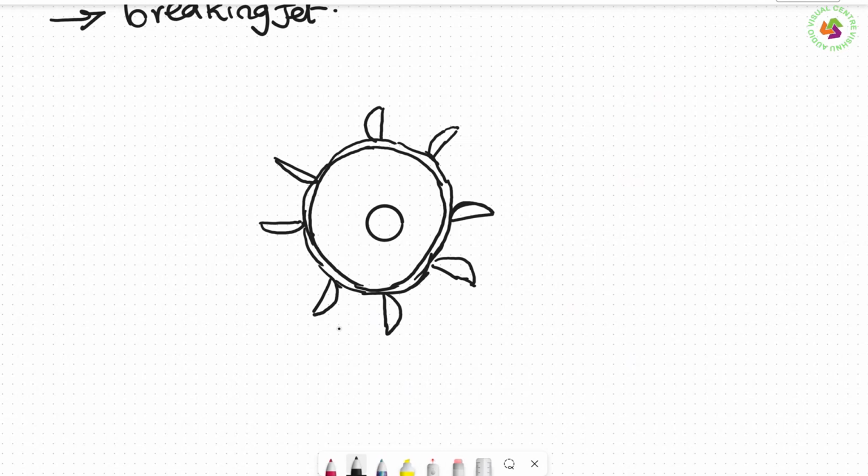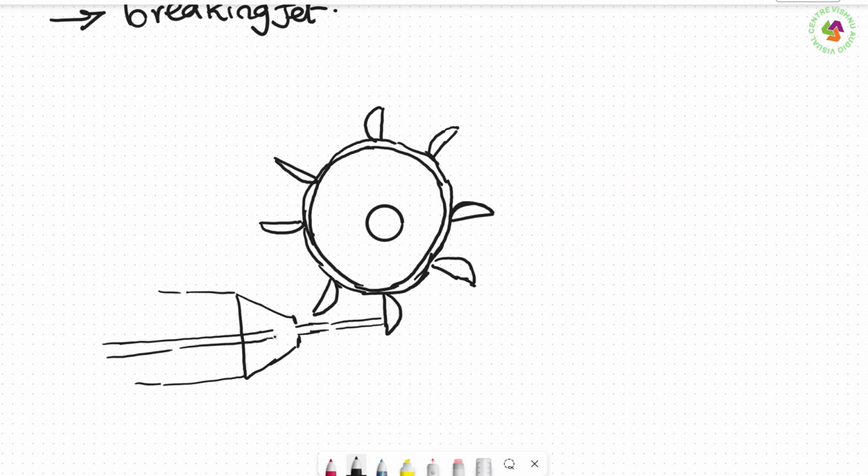Now what will happen? The jet has to strike here. So in the nozzle and spear arrangement, this is the nozzle, and this is the spear. And this is the operating wheel of the spear.